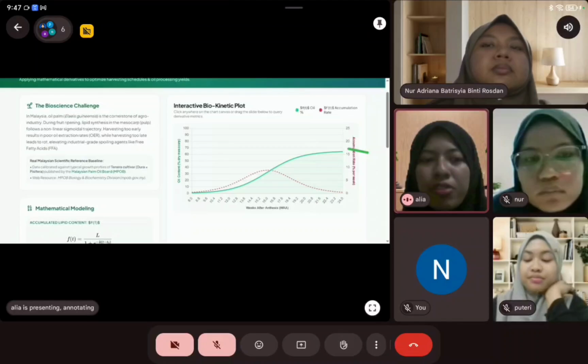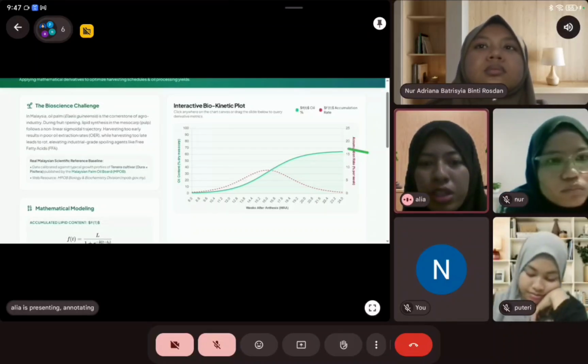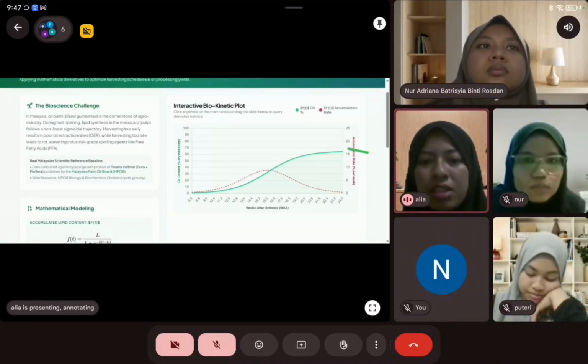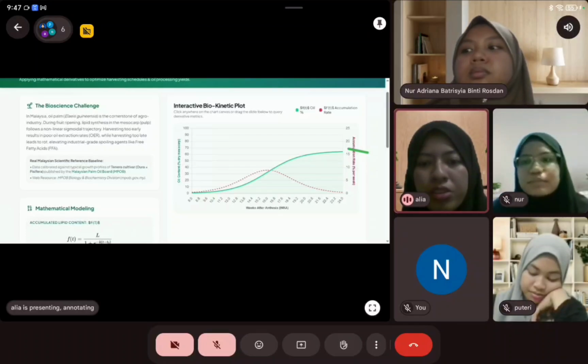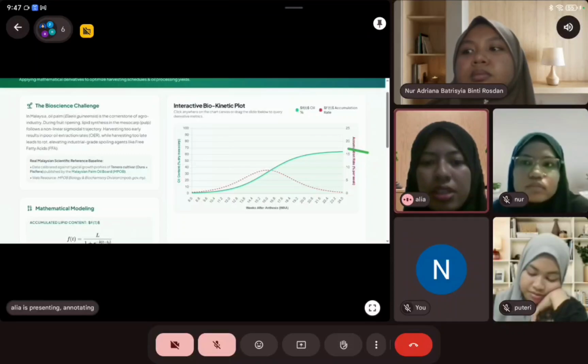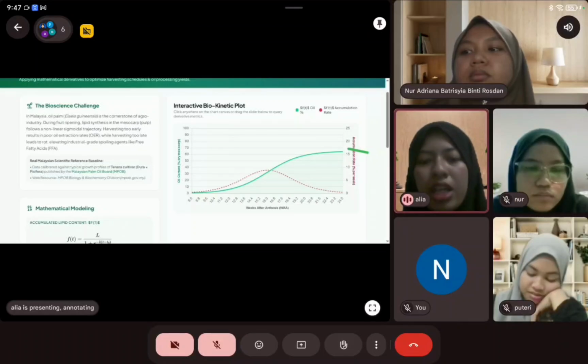As you can see from my research, oil accumulation in the fruit follows a non-linear peak model trajectory. In the field, growers face a difficult dilemma: harvest too early and you get low oil accumulation because the fruit has not matured.